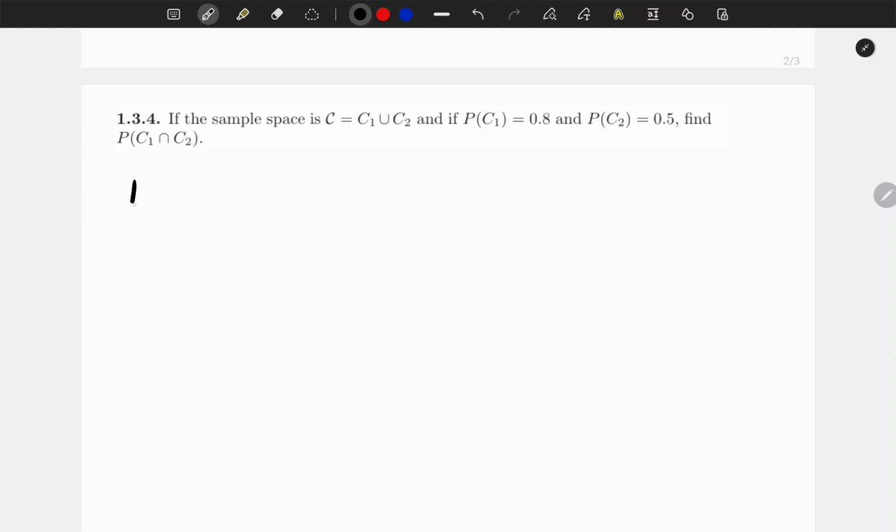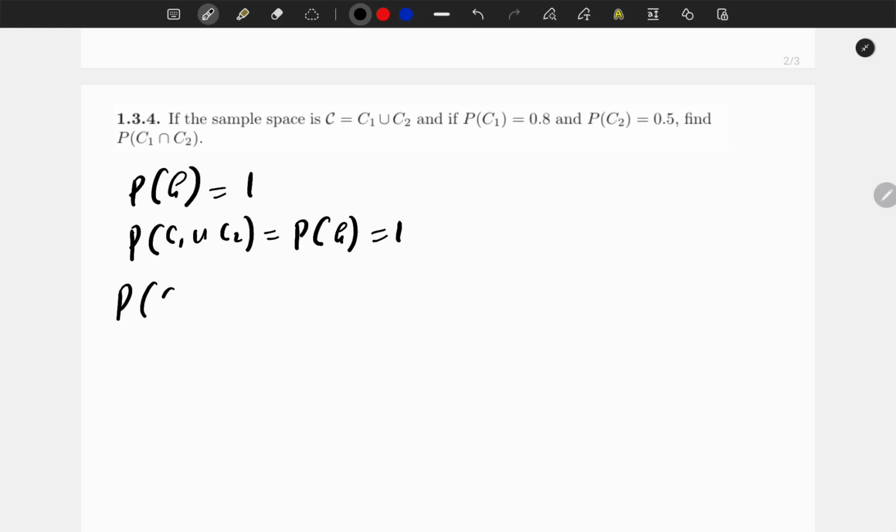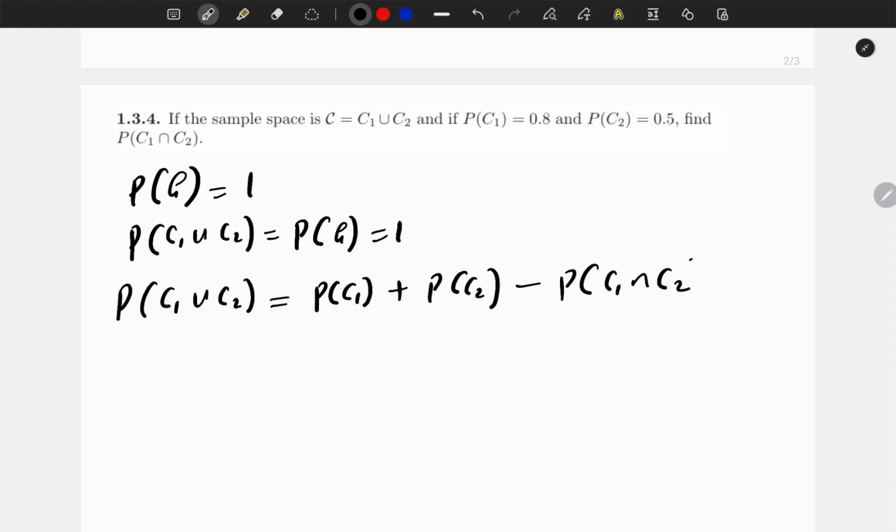So don't forget, the probability of the entire sample space will be equal to 1. Right? So then the probability of C1 union C2 is equal to the probability of C, and that should be equal to 1. So by the law of inclusion, the probability of C1 union C2 is equal to the probability of C1 plus the probability of C2 minus the probability of C1 intersect C2.